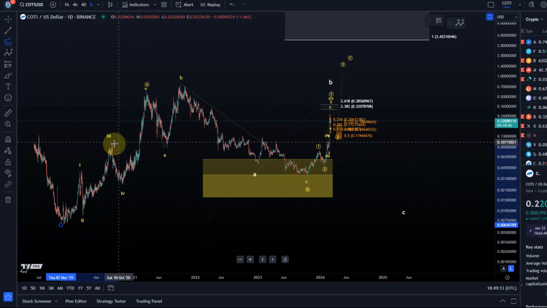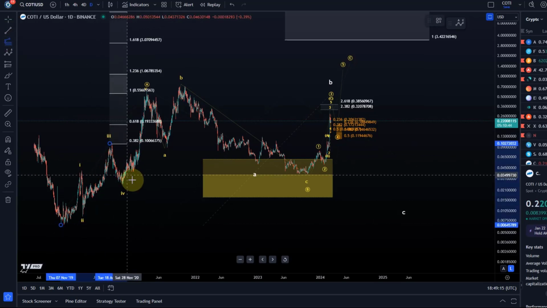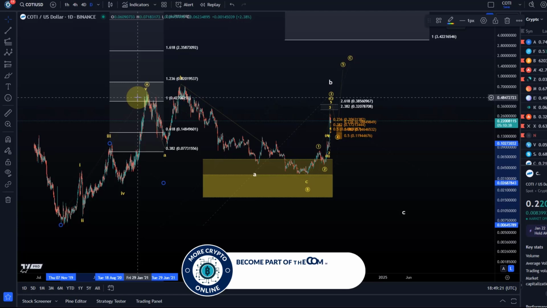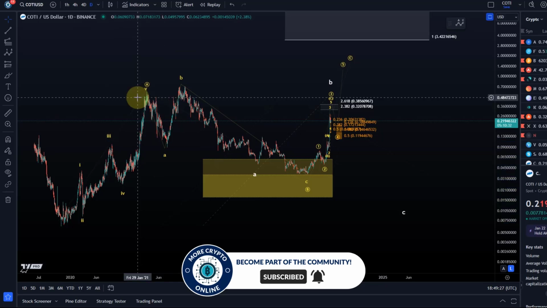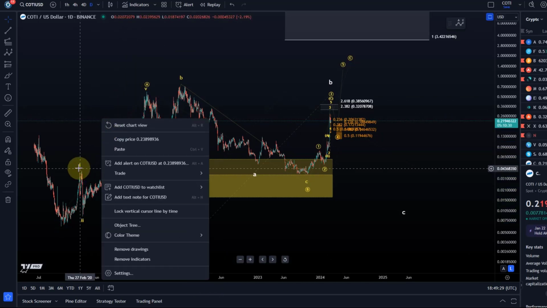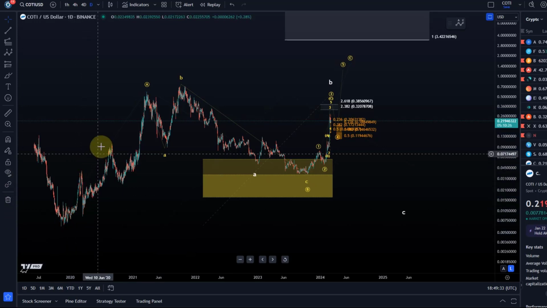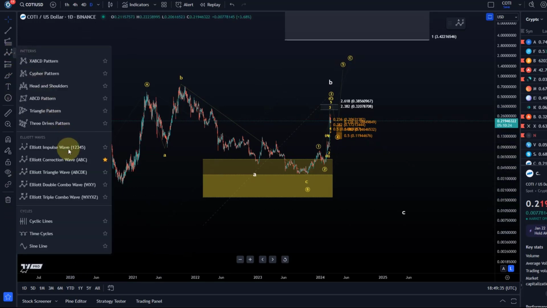And then if we take the length of waves 1 and 3, go to the low of the wave 4, that basically takes us to the 100% extension. Well, that's beyond the typical target for a wave 5. That basically makes it likely that instead of a 5-wave move, it's an ABC structure, an ABC in a larger A wave.